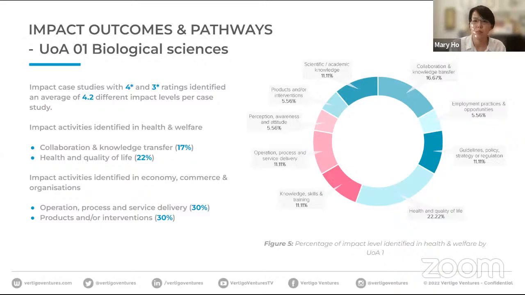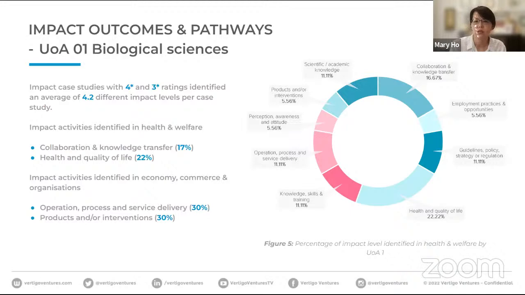The other impact type that this UOA also has a strong association with is the economy, commerce, and organization, and this is mainly because of the patents that are linked to the research from this UOA.